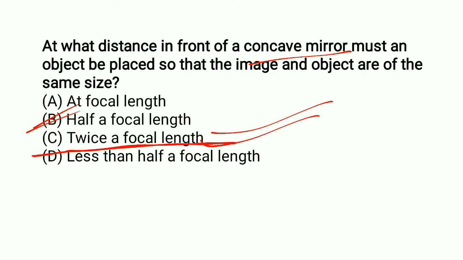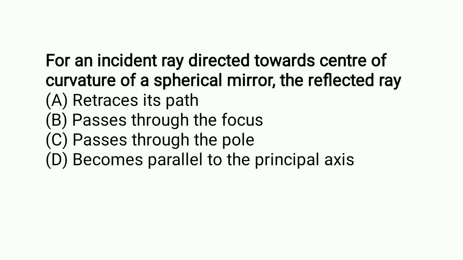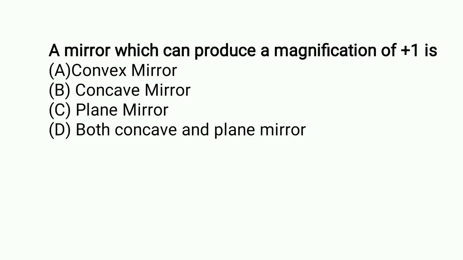That is the correct answer. For an incident ray directed towards the center of curvature of a spherical mirror, the reflected ray: whenever a ray of light travels through the center of curvature of a spherical mirror, it will retrace the same path. So option A is the correct answer.